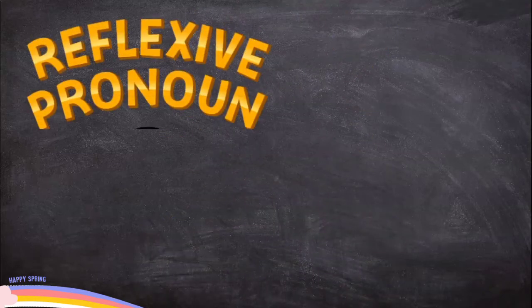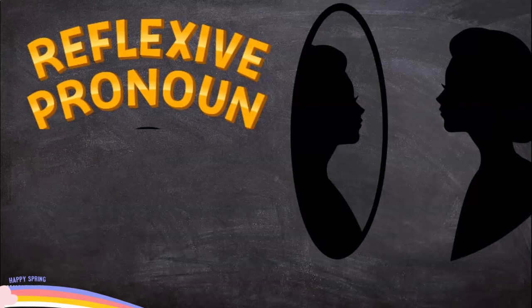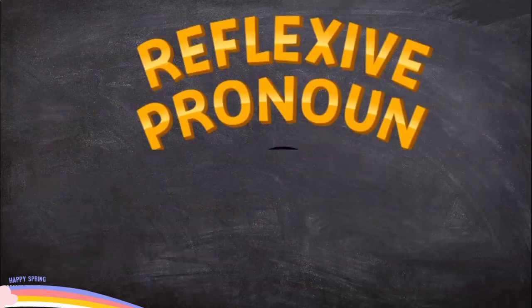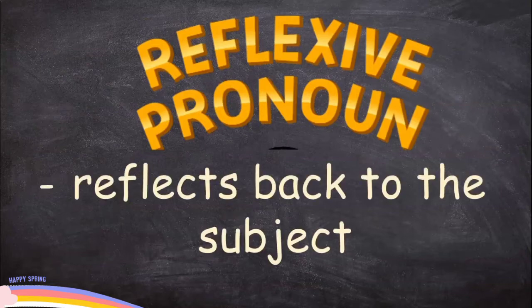A reflexive pronoun sounds like the word reflection, right? Reflection is an image in the mirror that bounces back at you. Well, a reflexive pronoun tells us that whoever is doing the action in your sentence is also the one receiving that action. In other words, a reflexive pronoun reflects back to the subject.